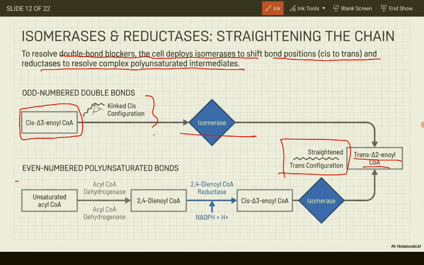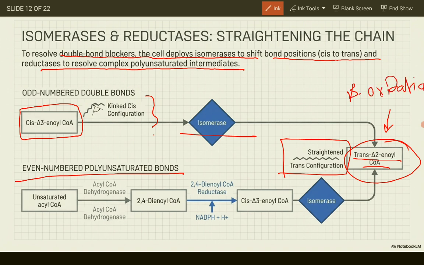And as you can already tell, the even numbered unsaturated bonds already produce this molecule, right? Like we already talked about, in the second step of beta oxidation, this molecule is already produced. An even numbered unsaturated acyl CoA undergoes acyl CoA dehydrogenase and produces this trans 2 enoyl CoA.